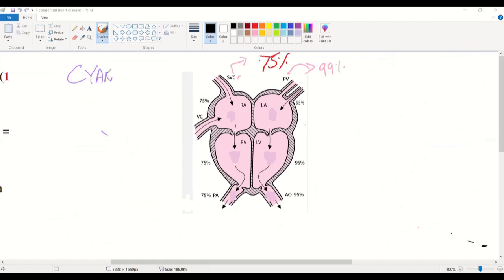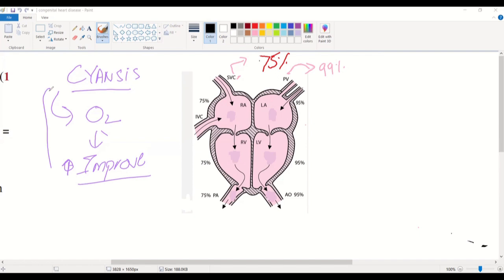Cyanosis at birth: if you give them oxygen supplementation and it improves, it means it is a pulmonary pathology, right?